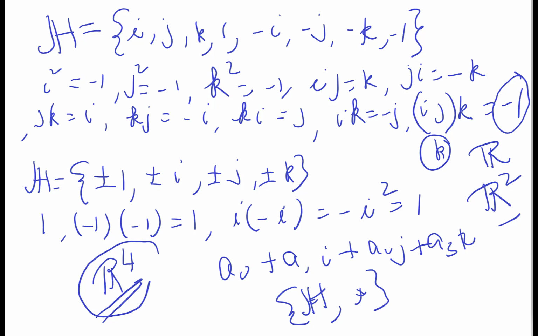And of course, the operation in this group is not commutative. You saw that ij is ji. No, ij is -ji, because ij is k and ji is -k. So this is not a commutative group, which we call what?